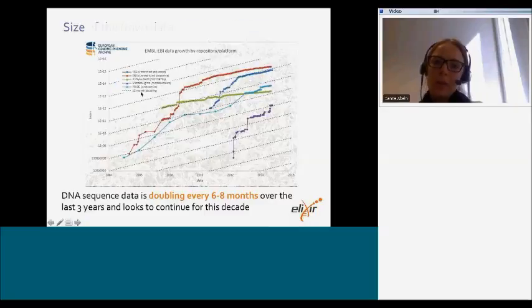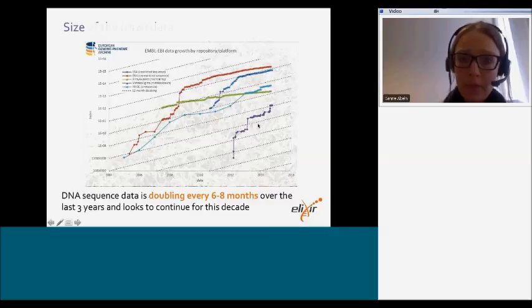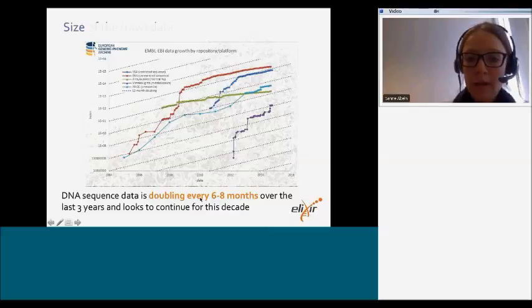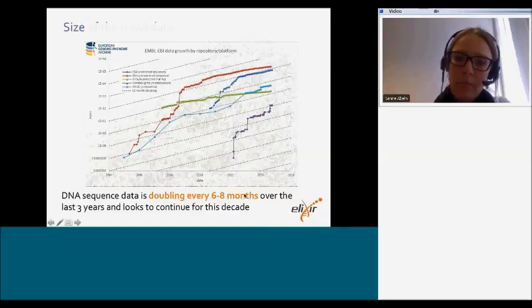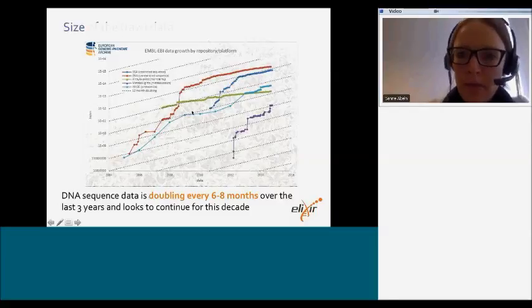Now, of course, in the human data, one of the real big issues at the moment is just the massive growth and the really big size of the data. At the moment, DNA sequencing data is doubling every 6 to 8 months, and the scale here is logarithmic, so this is going really, really fast.